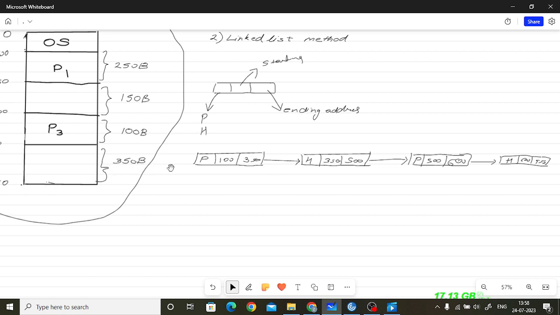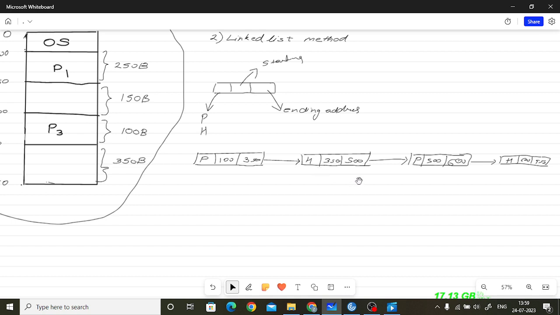But by storing this hole at the front, or before the first process, if we design it in that way, we are going to represent this part of memory at first. Okay, so what's the problem in that?